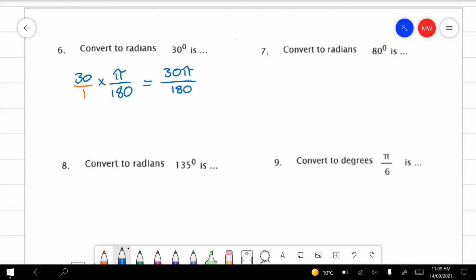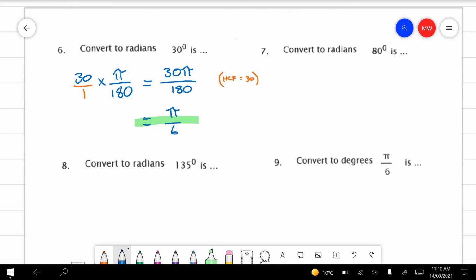You can use your calculator to simplify this if you like, but don't put the pi in, just put 30 over 180. The highest common factor of these is 30, so both will be reduced by a factor of 30. So this will become 1 pi over 6 as my final answer.